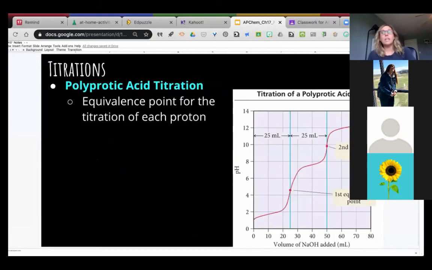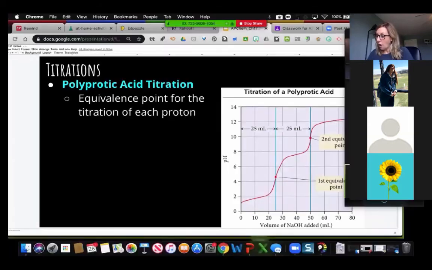The other thing, just so that you've seen these before, is that we're not going to do calculations with polyprotic acids. A polyprotic acid titration is going to have an equivalence point for every loss of an H. This would be a diprotic acid, because there's an equivalence point for the first loss of an H, then an equivalence point for the second loss of an H. So instead of it just being one curve, it's going to have those little bumps in it depending on how many H's there are.